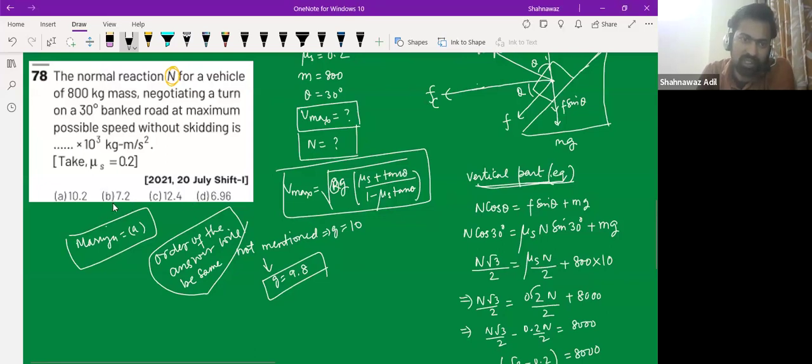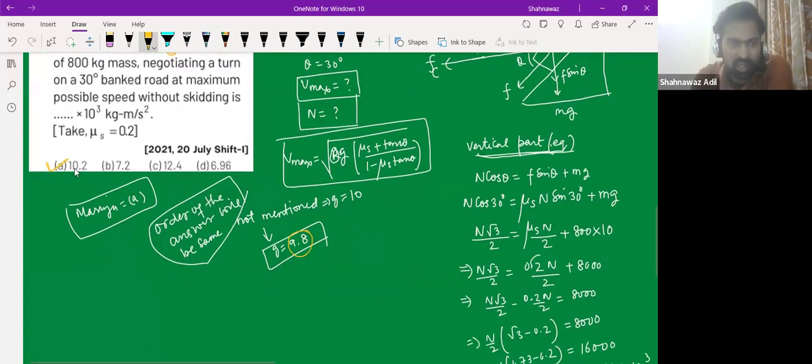So which is matching? This one is matching. This is of the same order. And as Iyad was saying, if we take g equal to 9.8, then we'll get this answer, but the order is the same. This is 10.2, that is 10.4.